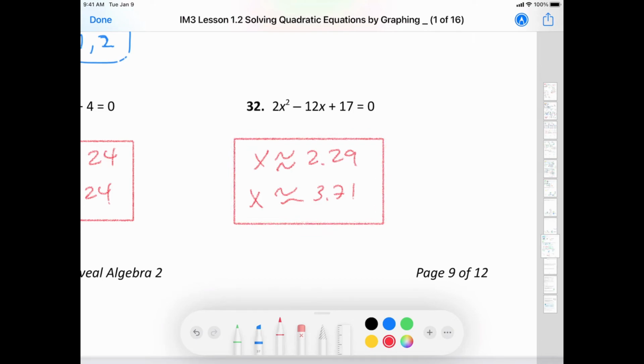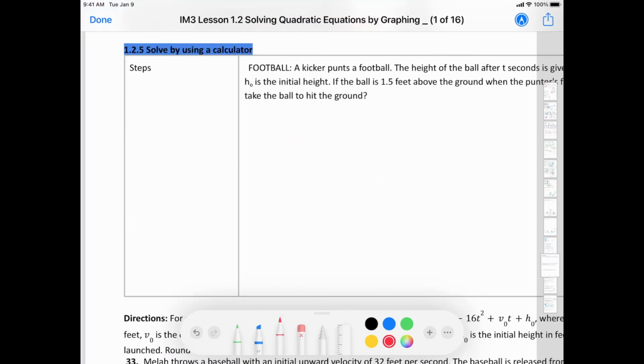And that's how we used the calculator and using the table specifically to estimate our roots. All right, math lovers, let's go to 1.25, solving by using a calculator.